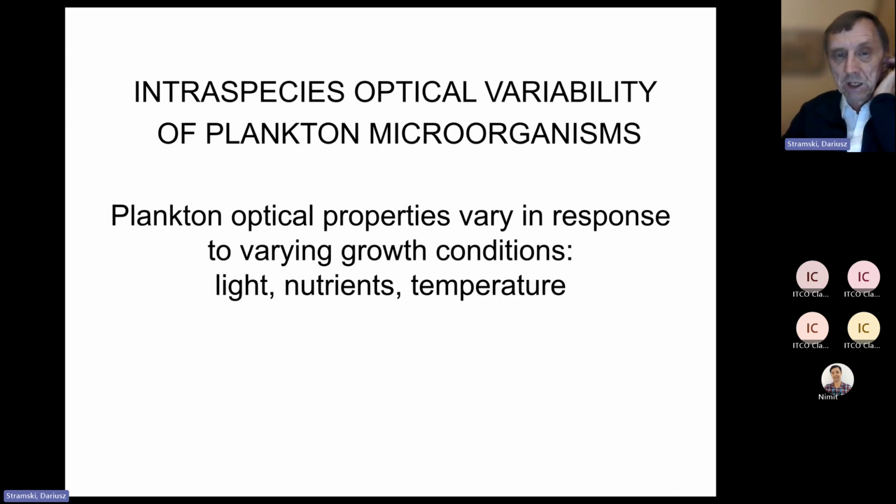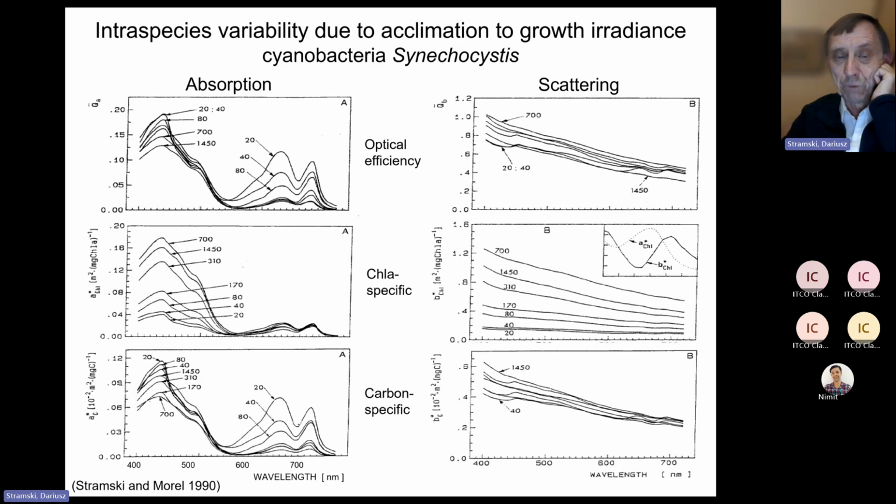For the sake of saving time, I can only show a few examples of intraspecies variability. These are data from experiments with the cyanobacterium Synechocystis. On the left-hand side, we have spectral graphs for absorption properties, and on the right-hand side, for scattering properties.